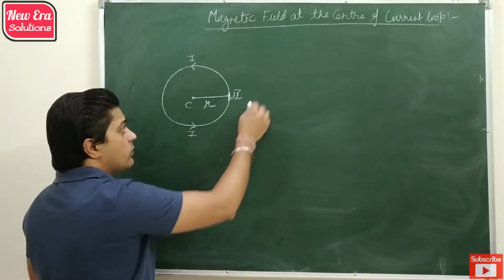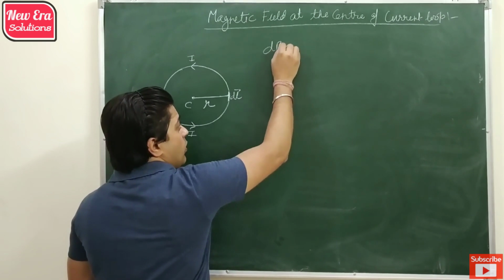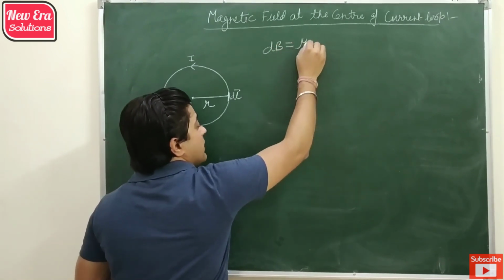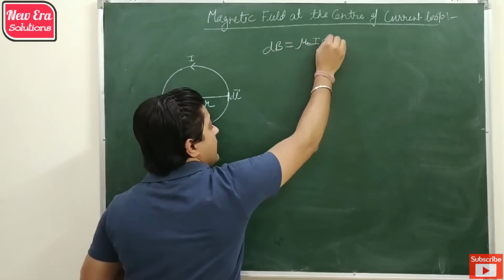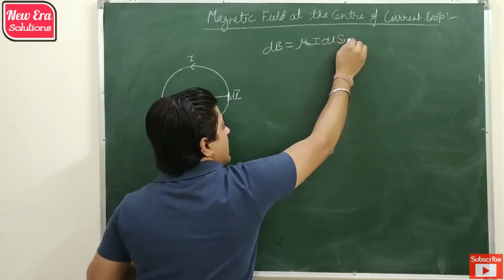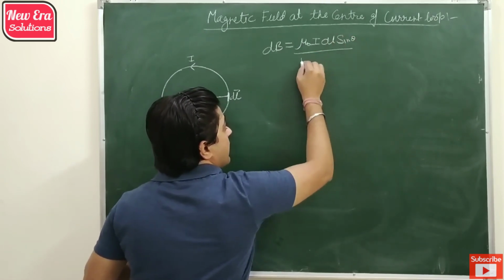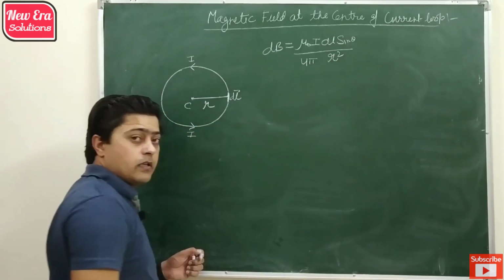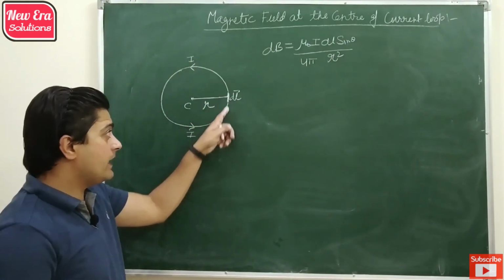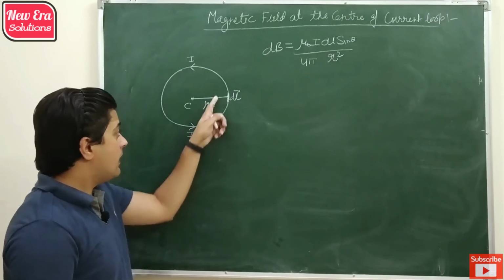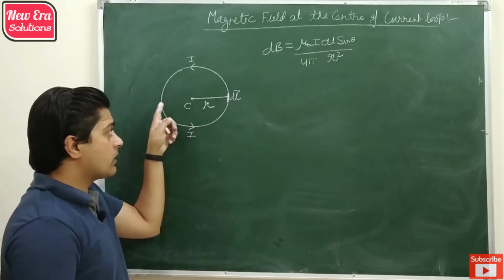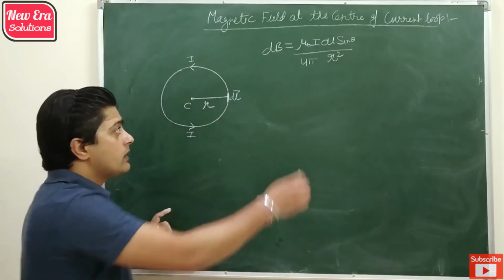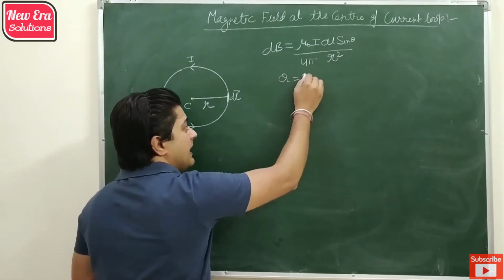Then according to Biot-Savart's law, that small magnetic field is mu naught I dl sin theta by 4 pi r square. Now as we know, dl is along the tangent and displacement vector is along the radius, so theta is 90 degrees.